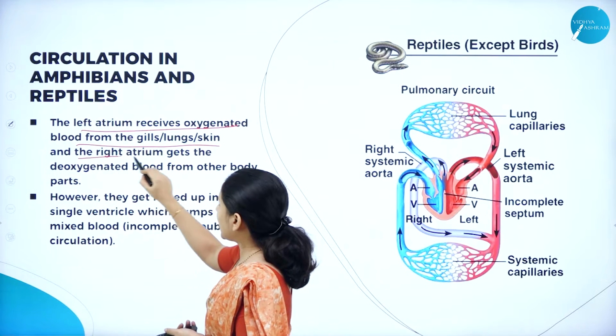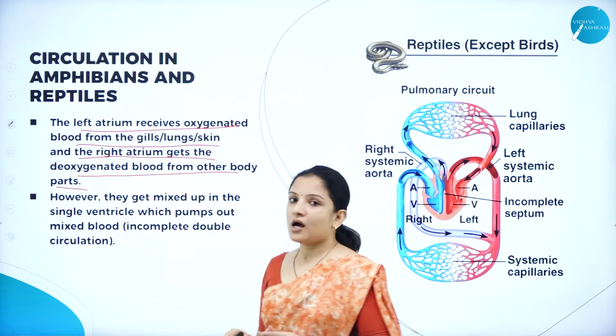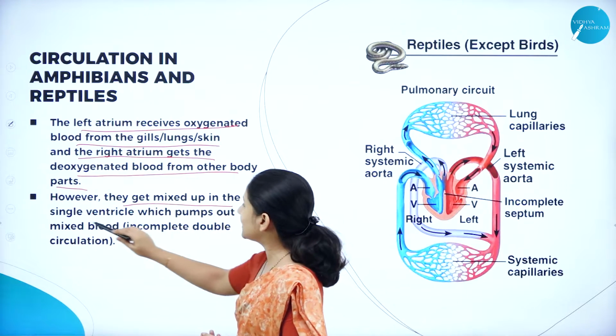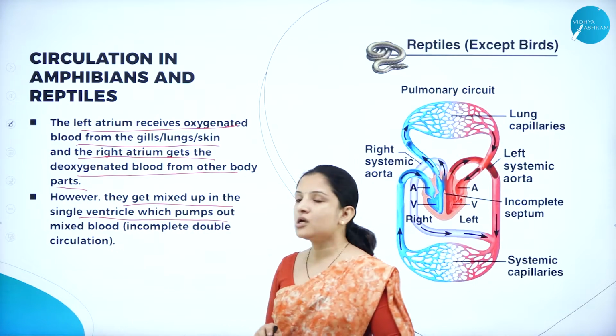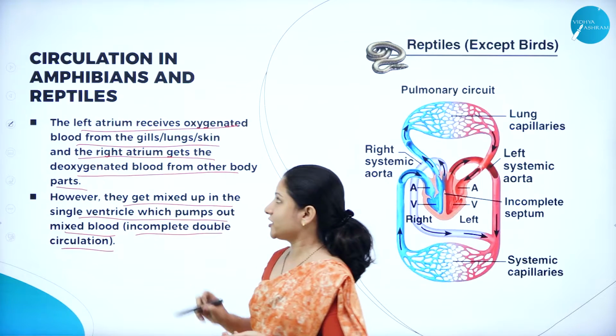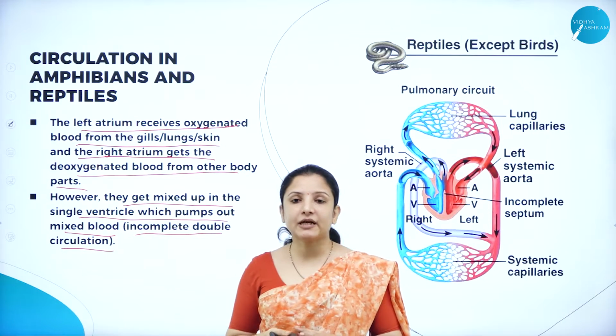And the right atrium gets the deoxygenated blood from the other body parts. However, what happens here is they get mixed up in the single ventricle, which pumps out the mixed blood. Therefore, it is an incomplete double circulation. So, what type of circulation do the amphibians and the reptiles exhibit?